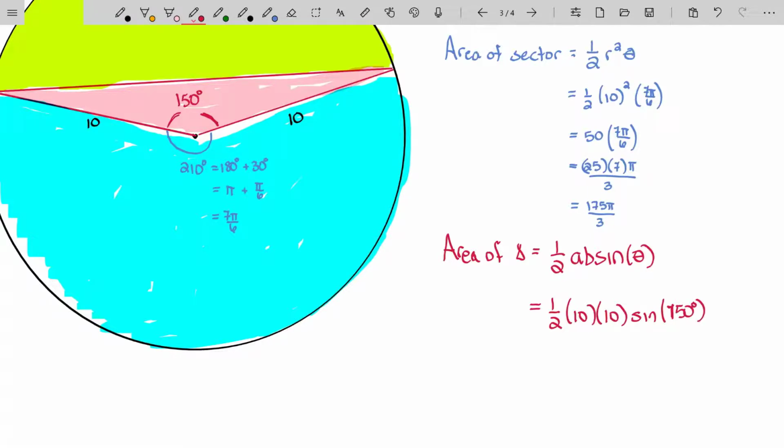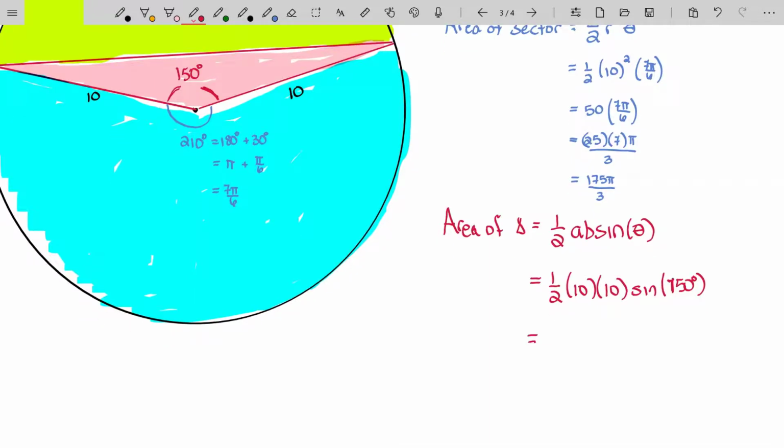Now people will ask, wait, aren't I supposed to do this in radians? No, when you evaluate a trig function, you can evaluate in degrees or radians. It actually does not matter. The reference angle for 150 degrees is 30 degrees. And we also know 150 degrees is in quadrant 2, and the sine is positive in quadrant 2.